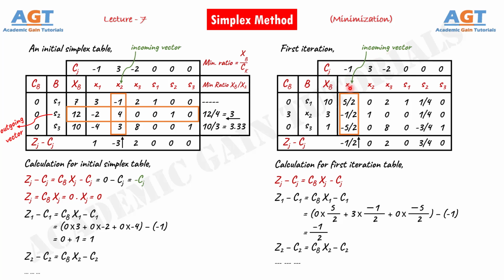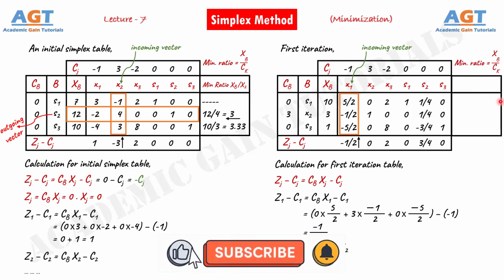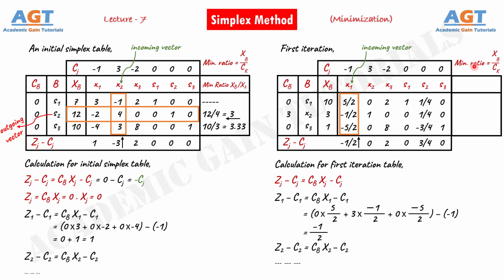So, the incoming vector x1 will enter this basic variable column in the next table, and to find out at which position this incoming vector will enter this basic variable column in the next table, we have to find out the minimum ratio. Now, on this side we will make a column for the calculation of minimum ratio. The formula for minimum ratio is xp divided by the key column, and the value of key column has to be greater than 0.